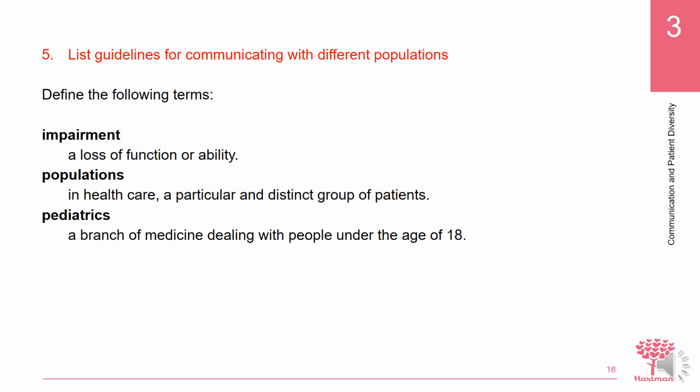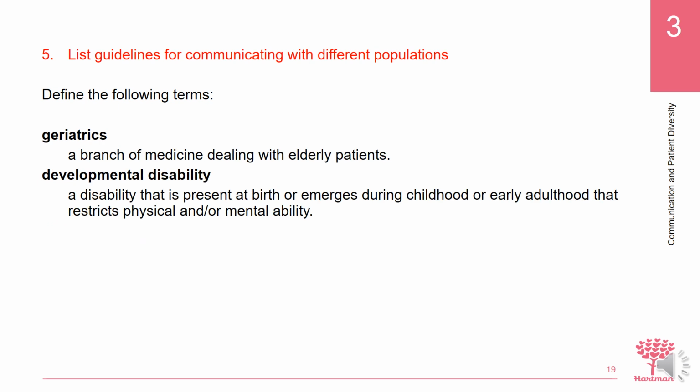Pediatrics is a branch of medicine dealing with people under the age of 18, although a lot of healthcare facilities that are pediatric based will see patients up to 21, sometimes even 26, depending on insurance guidelines.